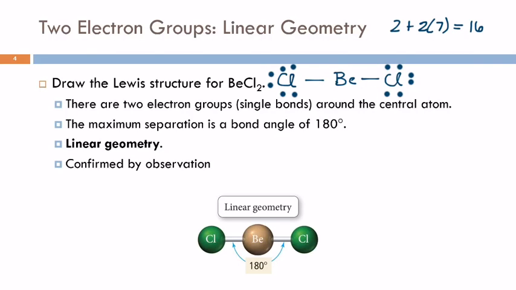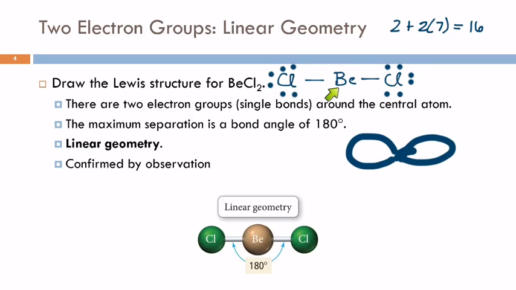So I'm going to blow up some balloons and pause this for a minute. When we have 2 electron groups, 2 balloons tied together, they're going to naturally separate themselves from each other. That's what these electron groups do. They're trying to get away from each other.